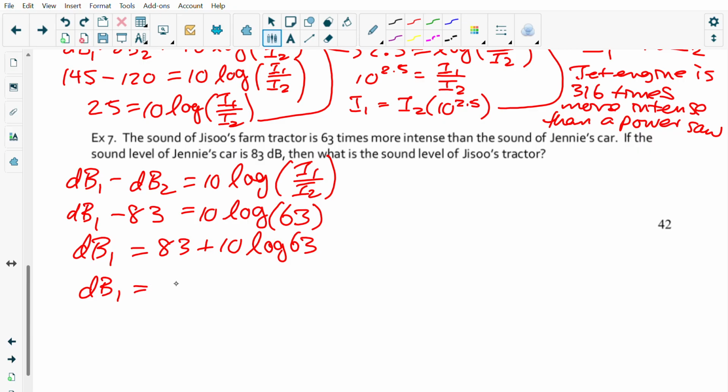Decibel level 1 equals 83 plus 10 times, let me just do this piecemeal here. Let's see, log base 10 of 63. That's 10 times 1.799345.